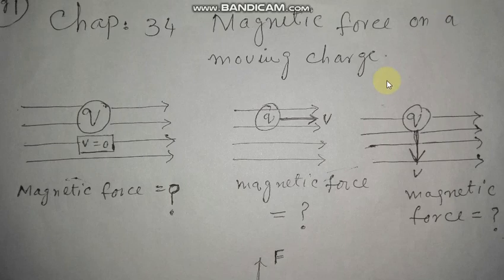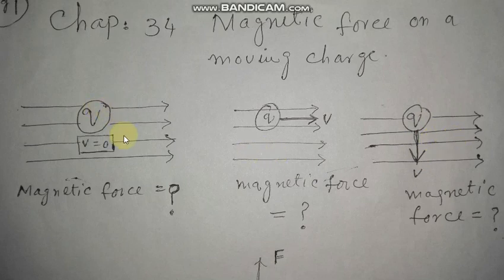Now it's time to go back to the initial slide, where I asked you a question: what would be the force acting on this charge Q in these three figures. Now I'm sure you will be able to answer the question. Here Q is at rest having V equal to 0, and here Q is having some velocity V parallel to the magnetic field, and here the same charge Q is having the same velocity V moving at right angles to the magnetic field.